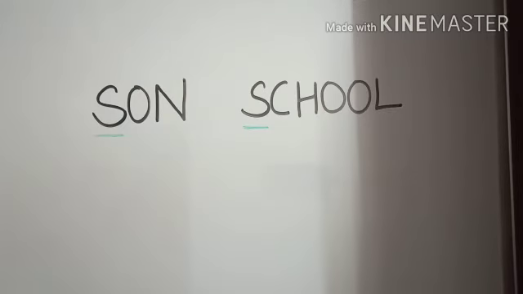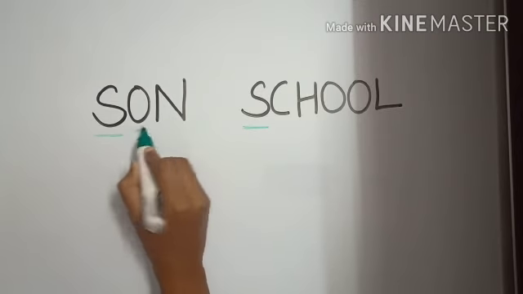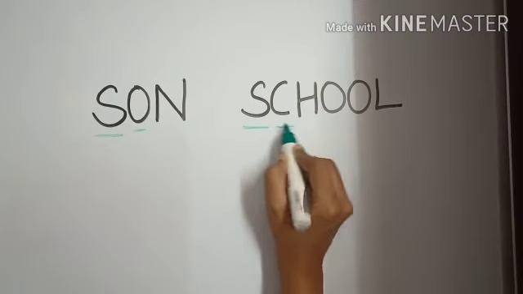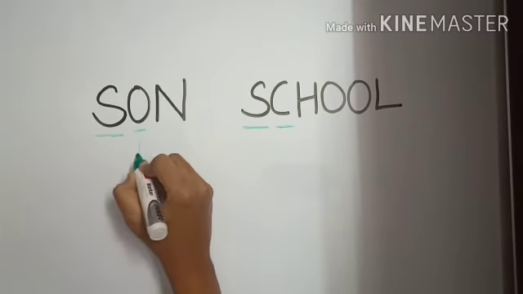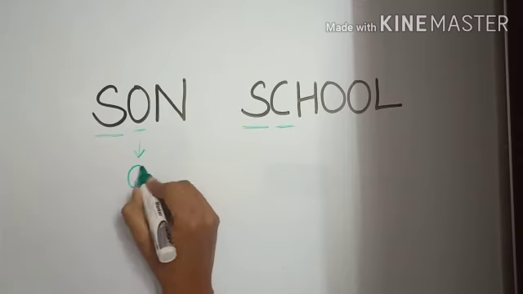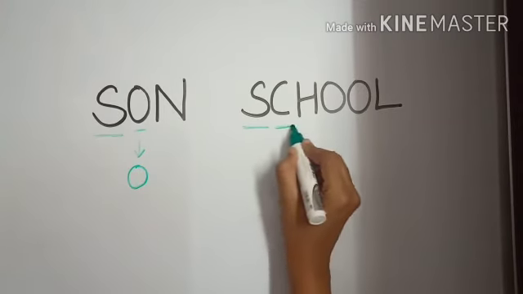So how are you going to decide which word will come first? Children, whenever the first letter of the words are same, what we do is we look at the second letter in the words. What is the second letter in sun? It is O. What is the second letter in school?